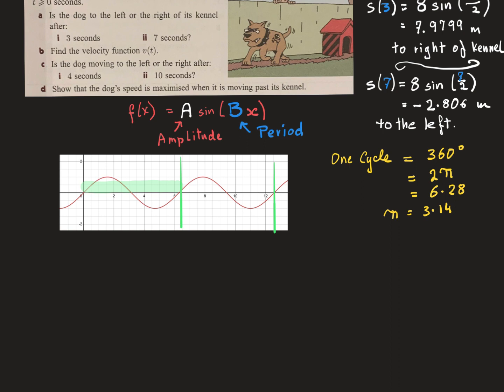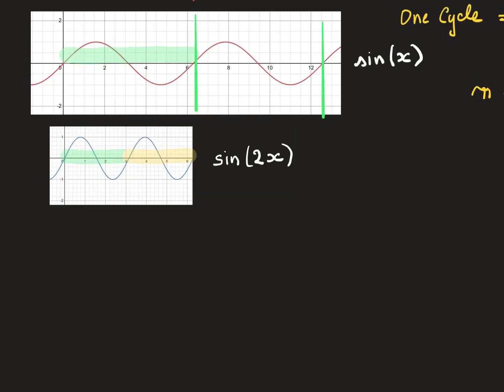Okay, a sine function which has a period of 2 pi is usually seen as sine x, where the b is equal to 1. On the other hand, a sine function which can fit 2 cycles in 2 pi will be now called sine 2x.